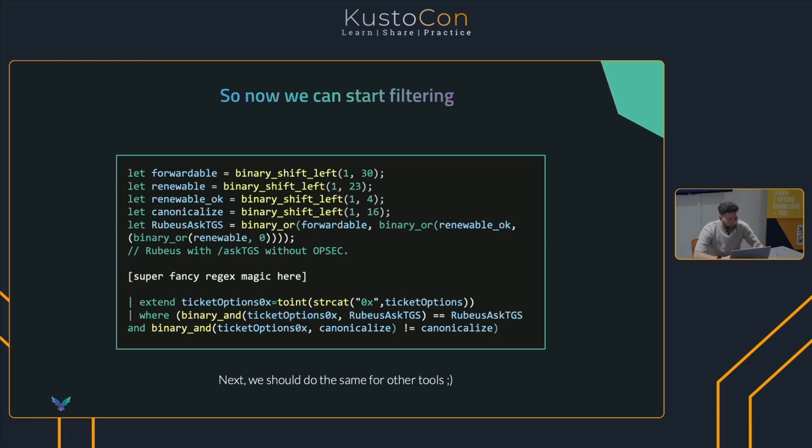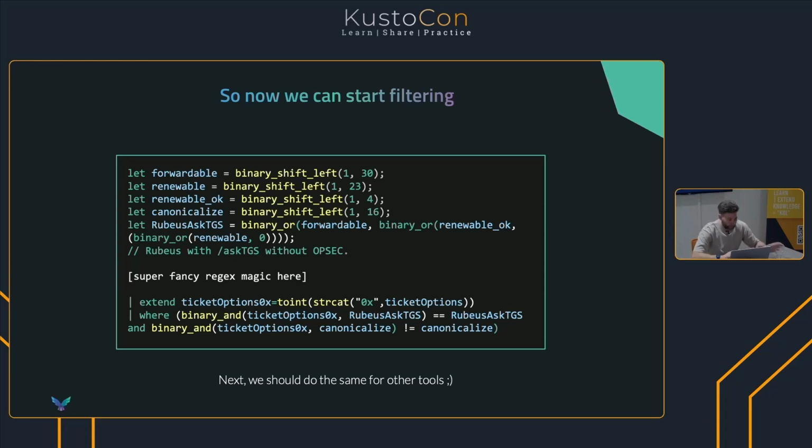No spoiler there. So one of the things that we can do now is we can set these fields, then we can make a Rubeus variable that we call Rubeus RC-CS, where we can do a binary OR of all those, and then do all that fancy regex magic that you saw in the beginning.